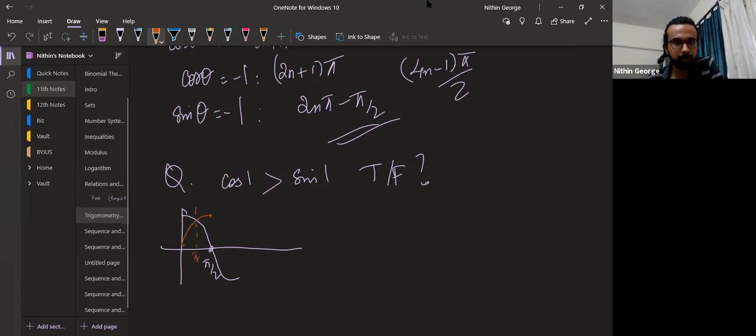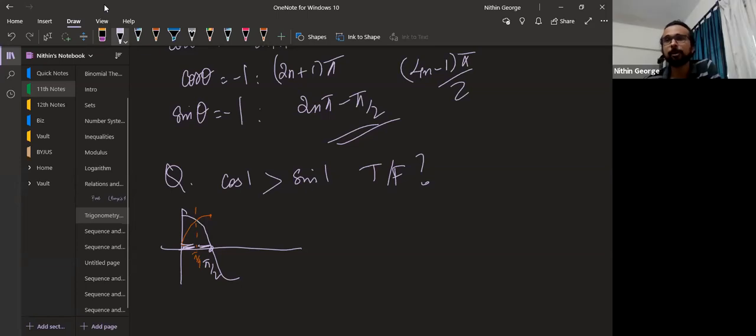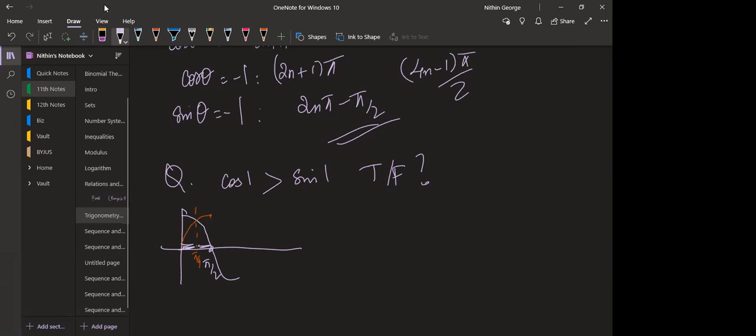This will be pi by 4. So where will cos 1 be? Region A or region B? Where is the angle 1? Region A.